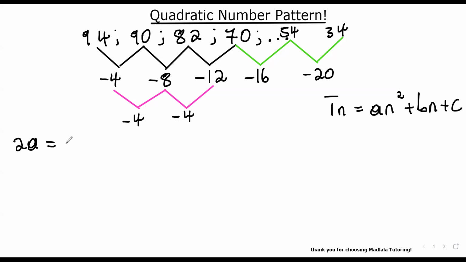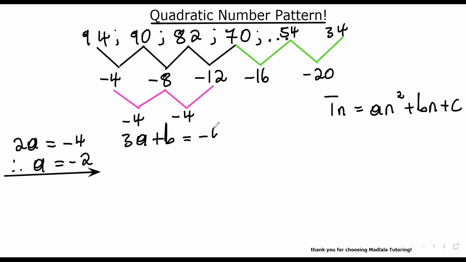Dividing both sides by 2, we find that a has to be negative 2. Well, that's fine. But in order for us to get the value of b, we say 3a plus b equals the first term of the first differences. You don't say it's equal to negative 8. It's wrong.